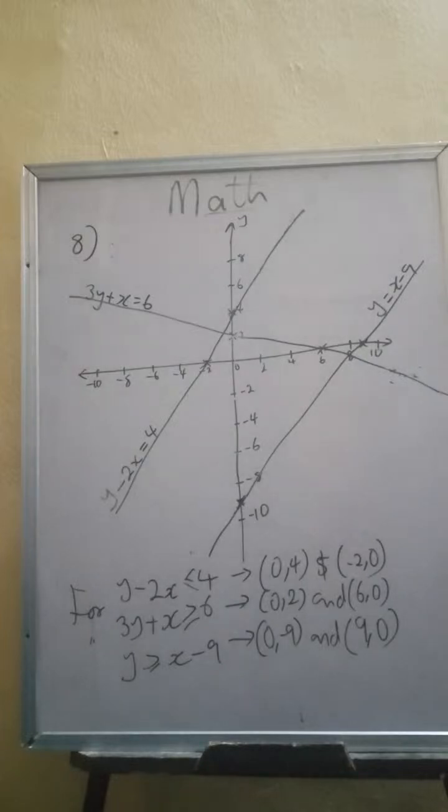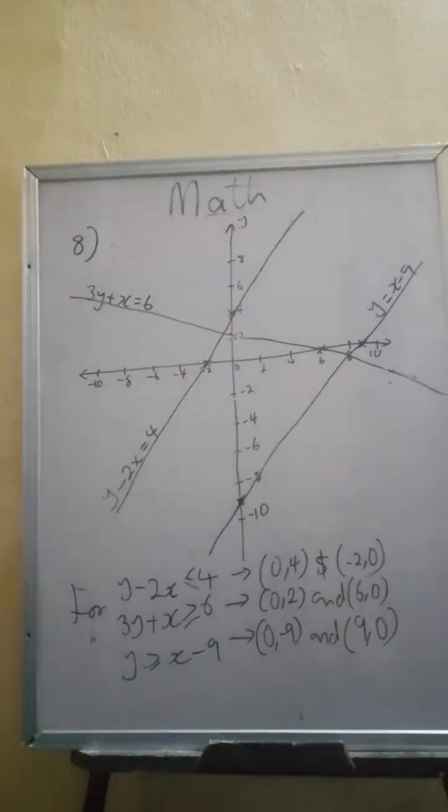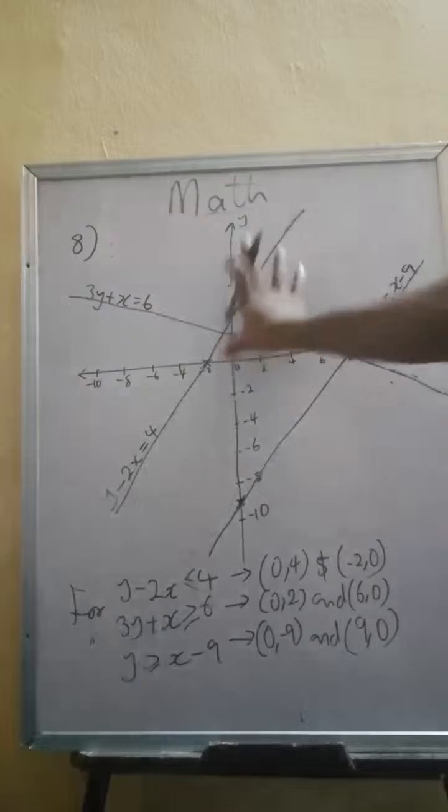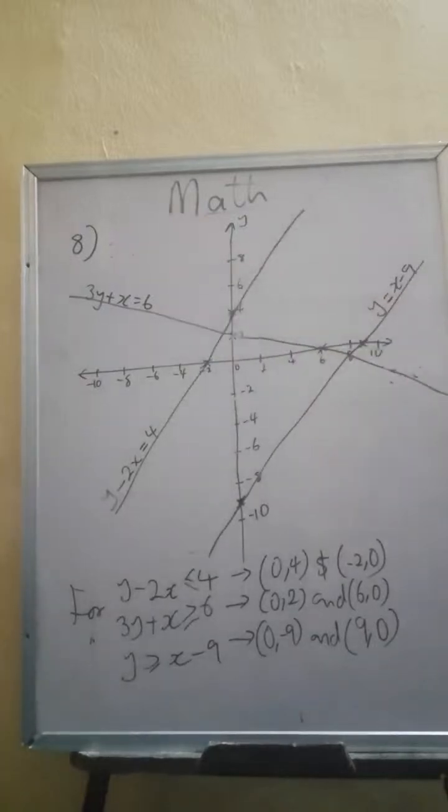Now let's discern the regions that are required. For the first, we said it's below the line. And so let's check. For the first, below the line is, okay, that's this. So if that's the case, which part gives us a downward flow, or more so a backward move?